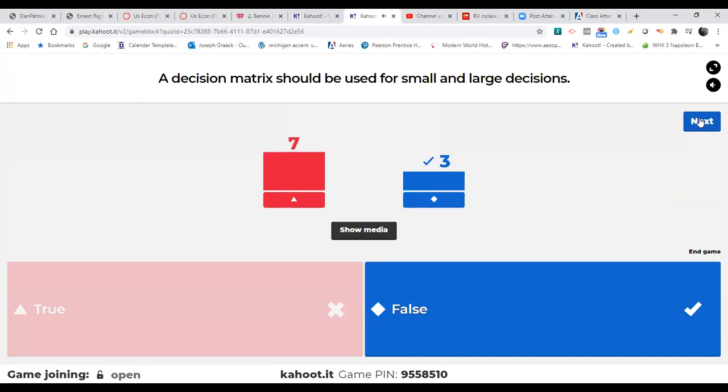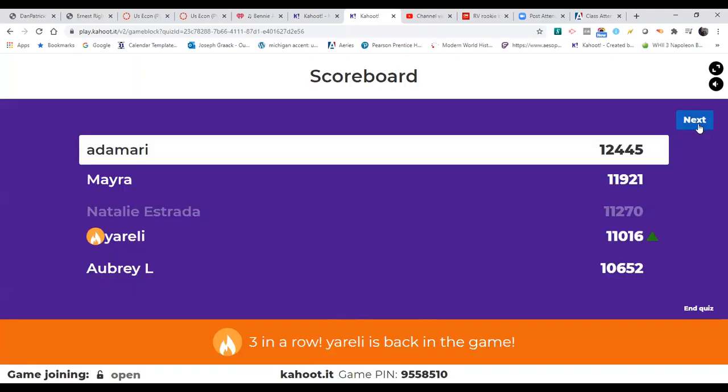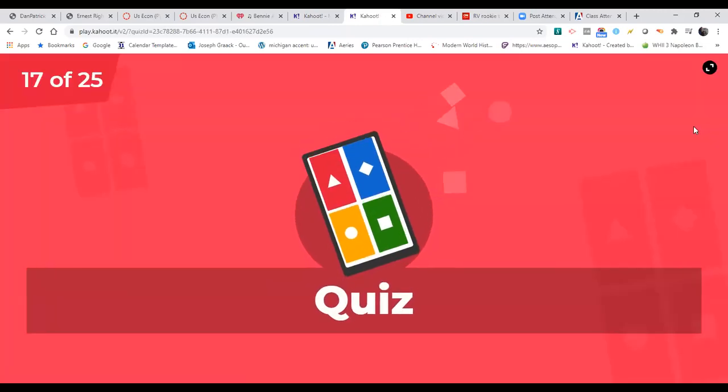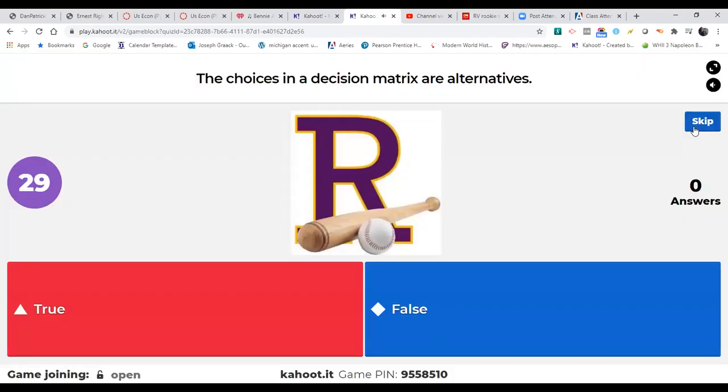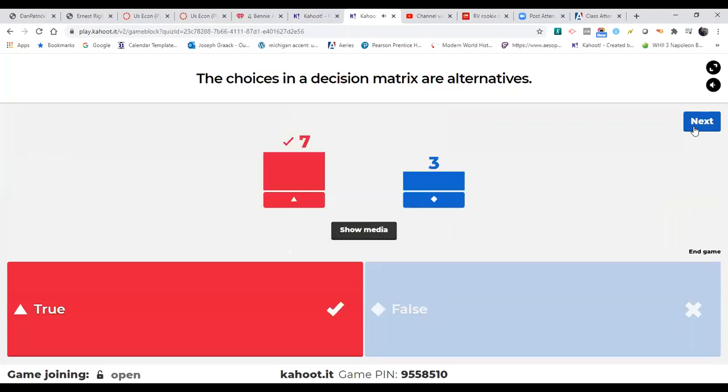Write down the pros and cons, buying a house, buying a car. I'll show you an example when this is over. Choices in a decision matrix are alternatives. That is true.